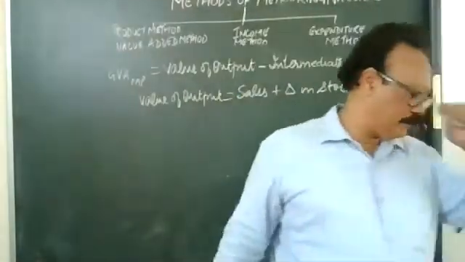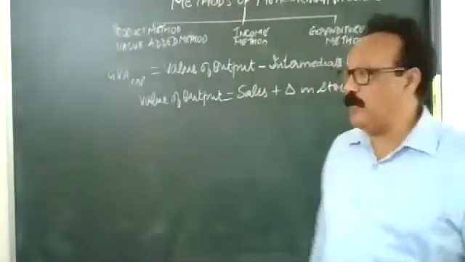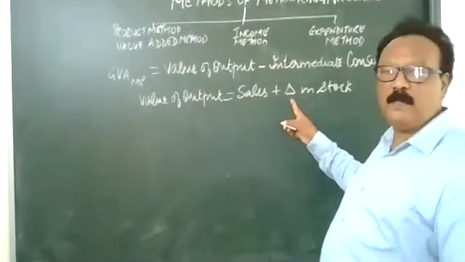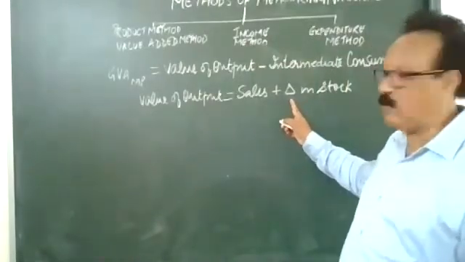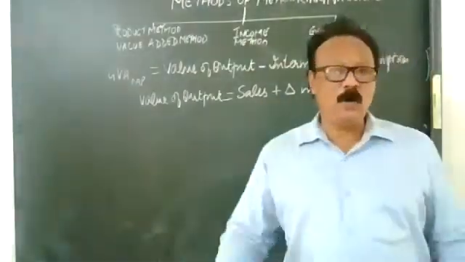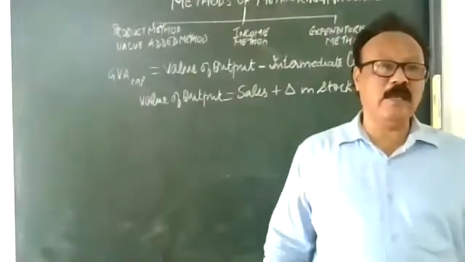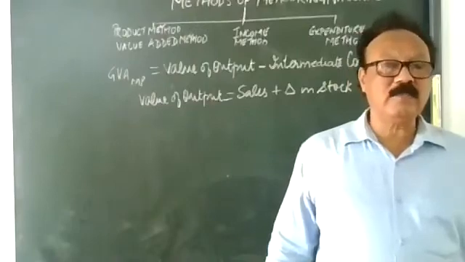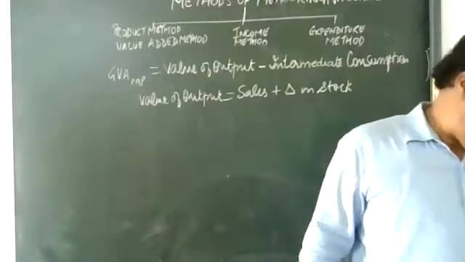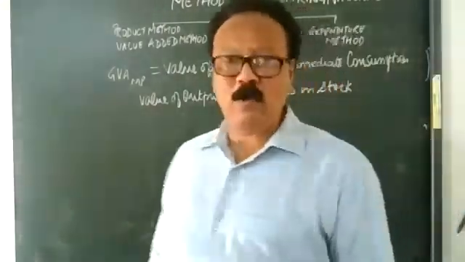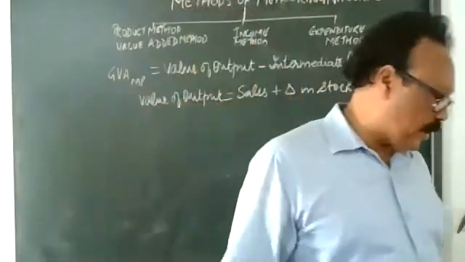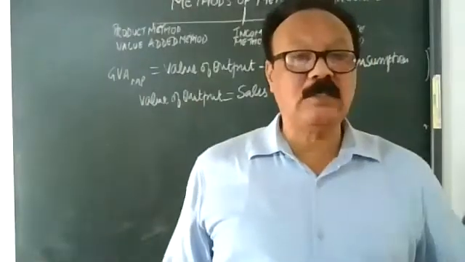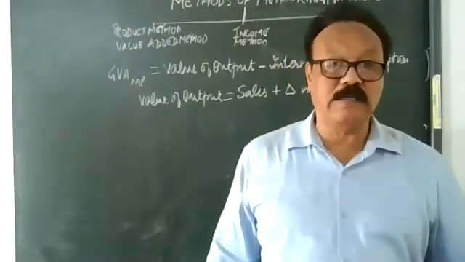Now again, value of output is calculated by sales plus delta, this delta sign means change in stock. What is sales? All the output which has been sold in the year or the accounting year is nothing else but sales, and make a note, or put a star somewhere, that exports is a part of sales.